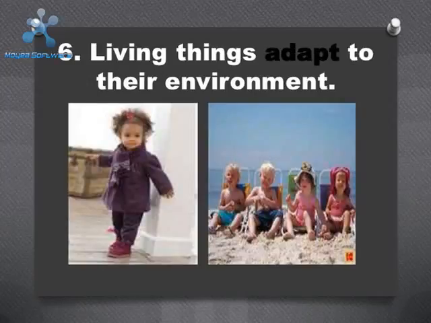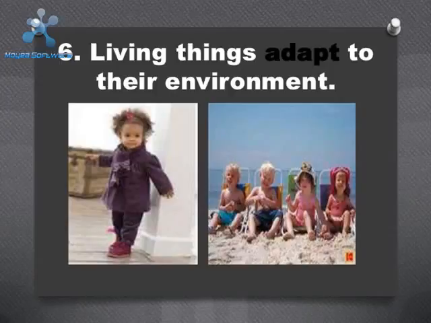Another important characteristic of living things is that they are adaptive to their environment. What do you mean by adaptive? Adaptive means we are able to arrange things according to our needs. If we feel cold, we can wear sweaters. If we feel hot, we can wear cotton clothes.